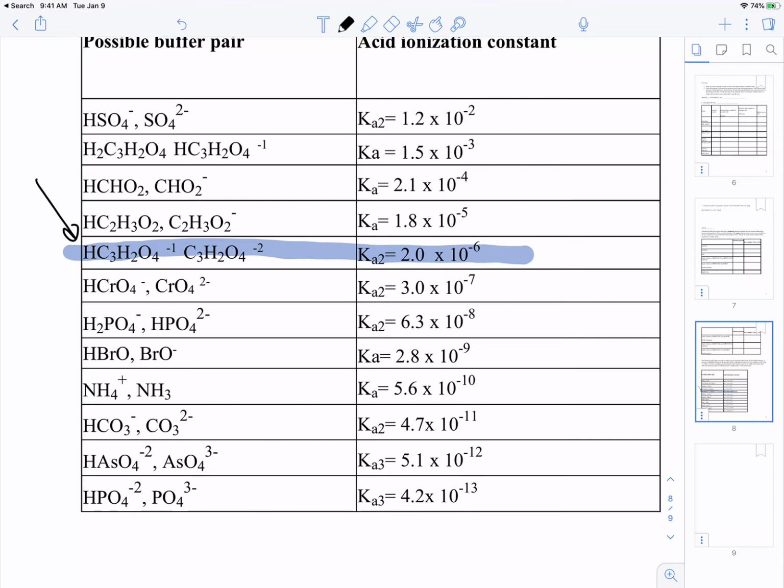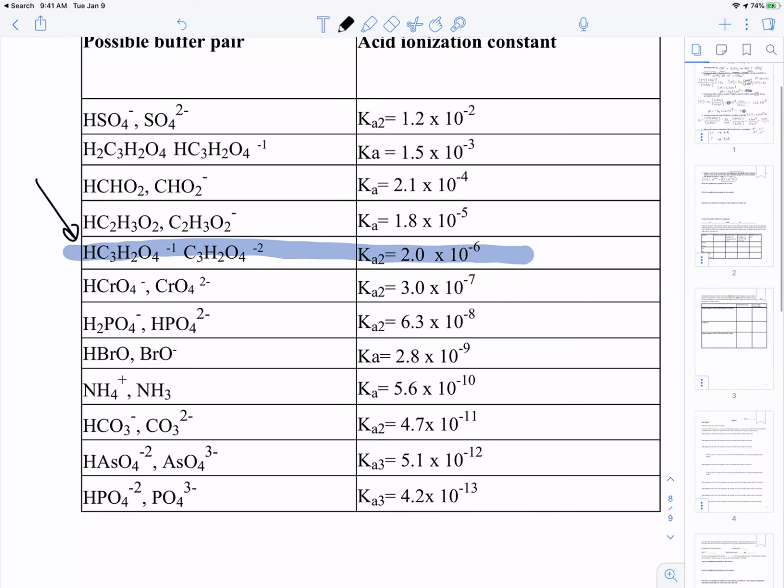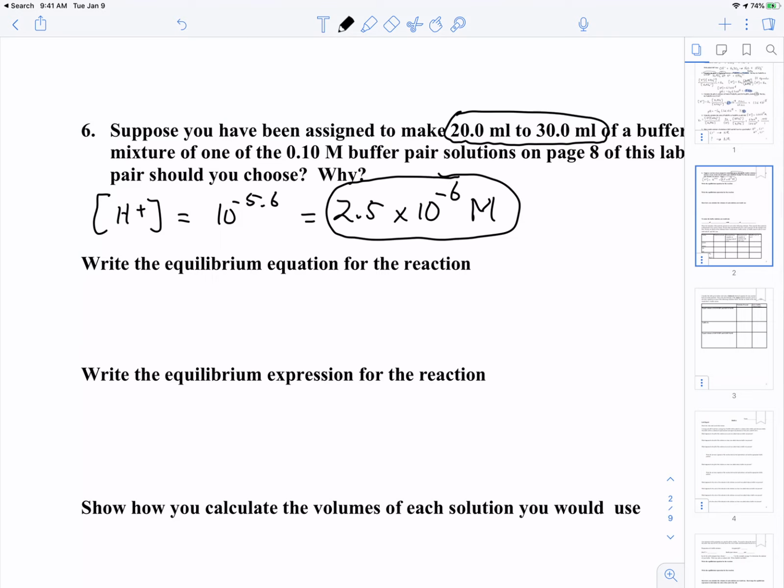This is malonic acid's Ka2. It's 2.0 times 10 to the minus 6. This Ka value is the closest to our desired hydrogen ion concentration, and so that is the buffer pair that we're going to choose to use.